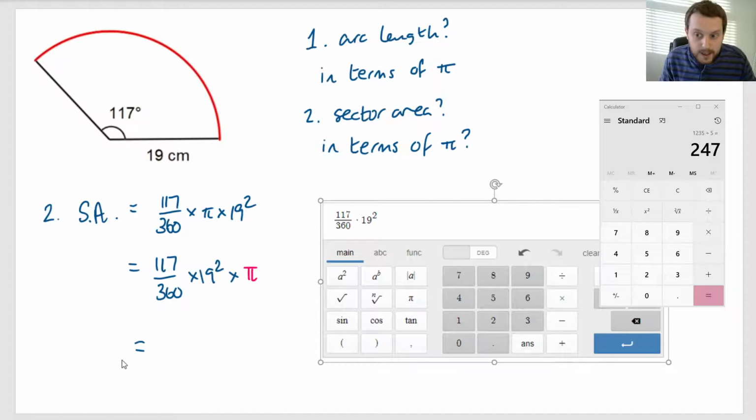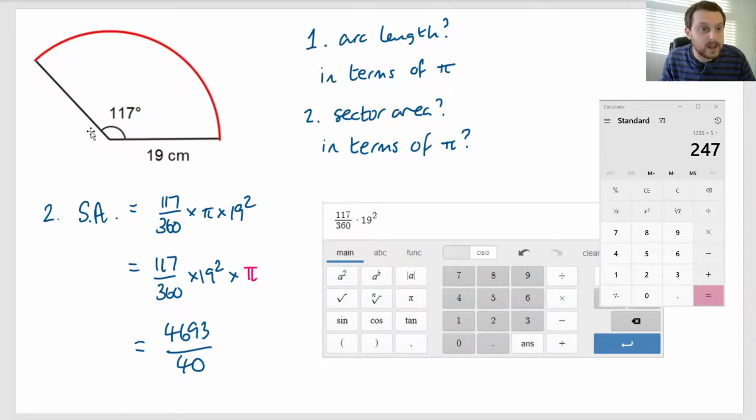It's telling me it is 4,693 over 40. That's it after it's been fully simplified. And the pi just sort of tags on at the end there. Okay, that's what the scientific calculators at school are doing for you. It's keeping the pi there for you. You can actually do that yourself manually. Okay, you can totally do that yourself.